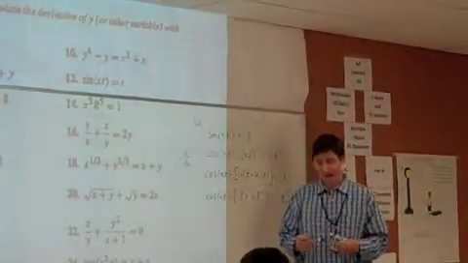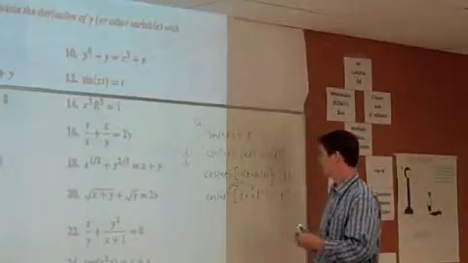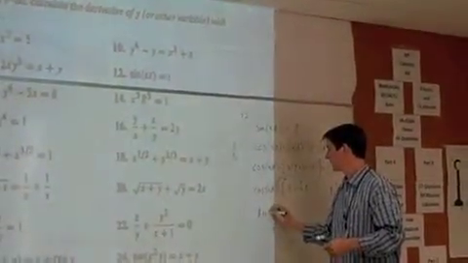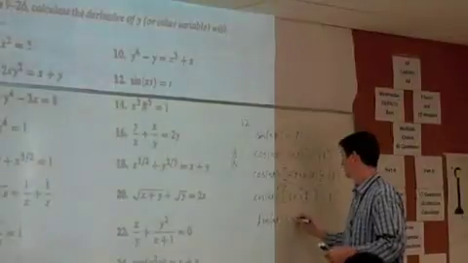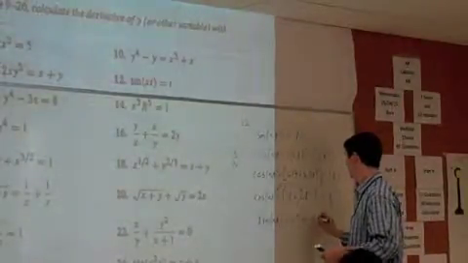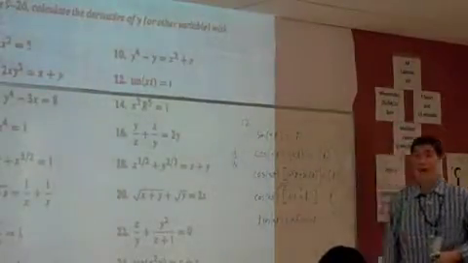Multiply everything by cos xt. Distribute it. That would be t cos xt plus x t prime cos xt equals t prime. Now how do you solve for t prime?